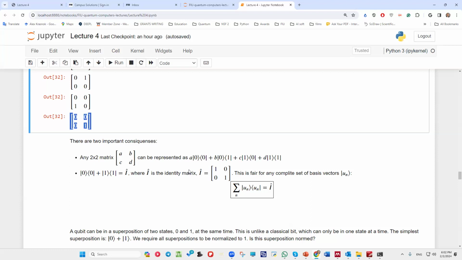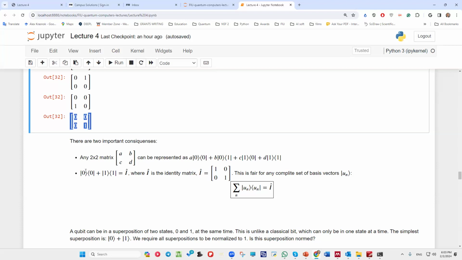space and for any combination of basis vectors. So let's say I consider the space of dimension 10, then I will have 10 eigenstates. I use the eigenstates as the basis vectors to represent any vector in that space.